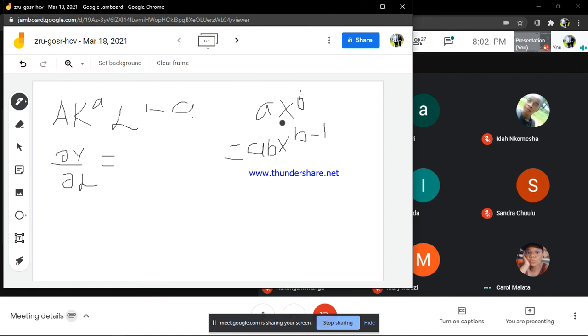So let me put numbers. Now, let's say we've got an expression which is 7x raised to the power, let's say 2. It's not a production function, it's just an expression. To find the derivative of this, we're just going to say 14.